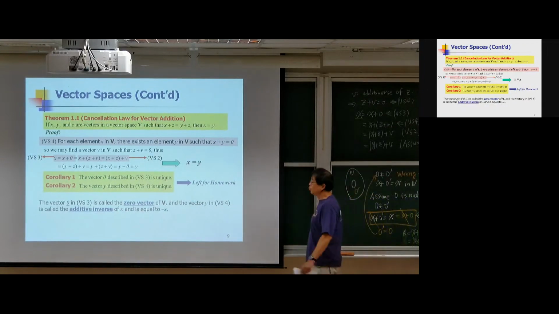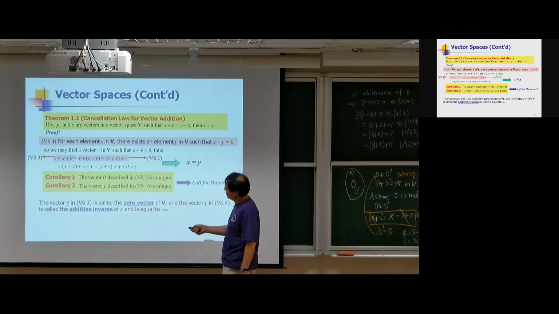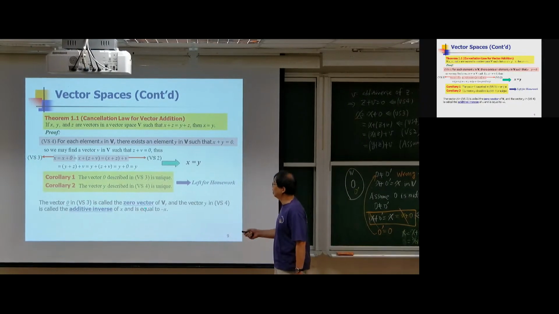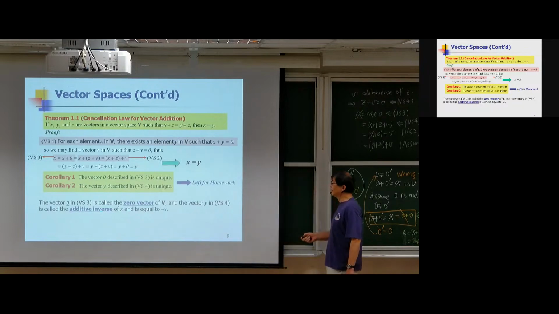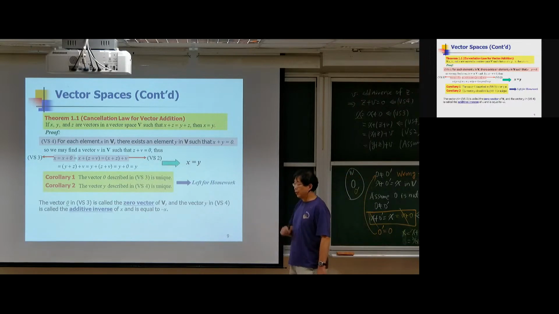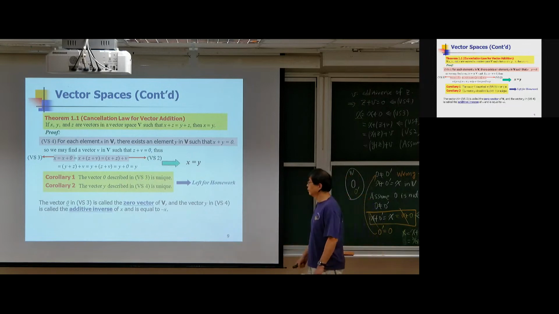So then you will get the answer. Okay, so here the vector 0 in VS3 is called the 0 vector of V, and the vector y in VS4 is called the additive inverse of x, which we denote as minus x. Okay, so both of them are unique. 0 and the additive inverse are unique.